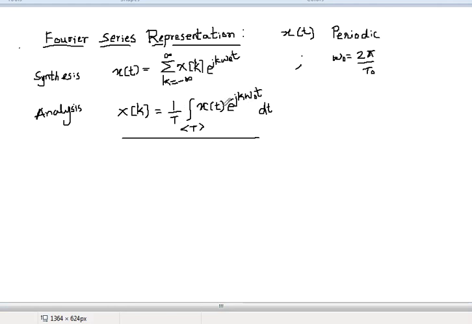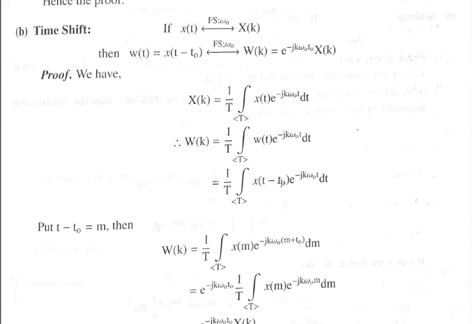So it should not be like t naught and t minus something; we have to make it a single letter, and that letter should be there in our e to the power. For that, we need to make t minus t naught a single term. Let's take one variable, it can be anything. Let t minus t naught equal, let's say, m.